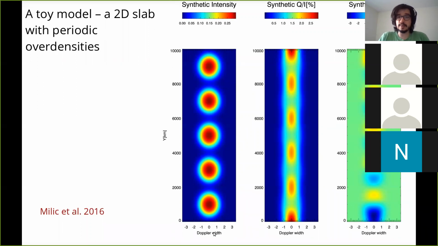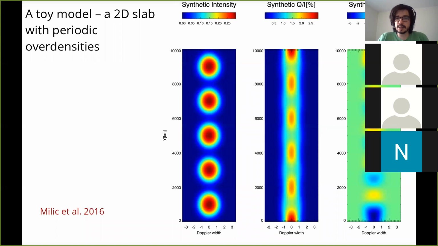And here you see that simply because of these geometrical things, because our slab is inhomogeneous in space, we have some Stokes U arising, right? Okay, and simply the sign of that anisotropy is different. Of course, here the box has hard boundaries, so you see these things at the edge here, which shouldn't really exist, but it doesn't matter, right?